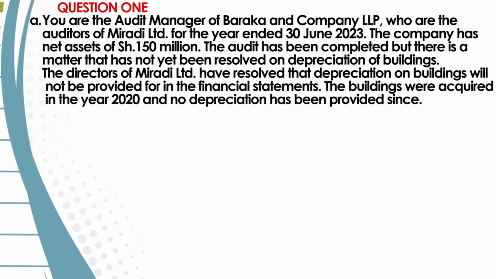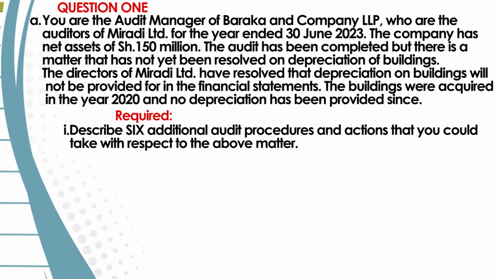The directors of Miradi have resolved that depreciation on buildings will not be provided for in the financial statements. The buildings were acquired in the year 2020 and no depreciation has been provided since. Required Roman 1, describe 6 additional audit procedures and actions that you would take with respect to the above matter.